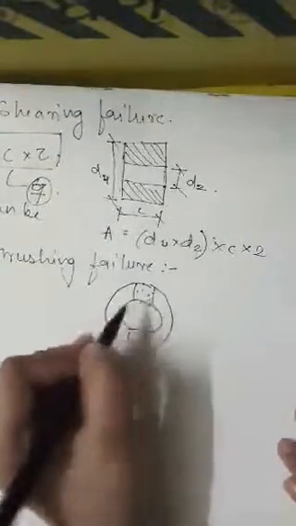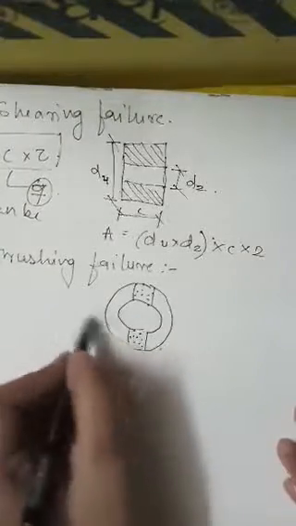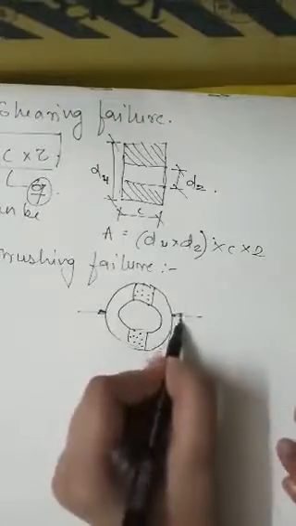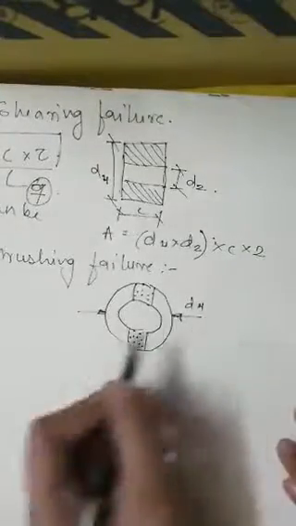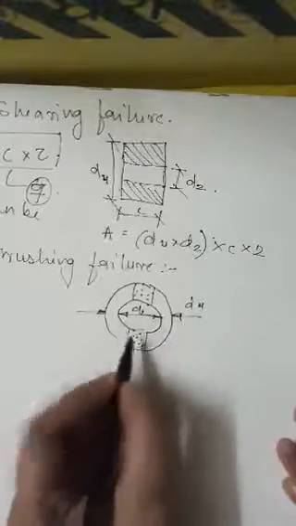This is our resisting area. We dimension the major diameter as D4 and the smaller diameter as D2.